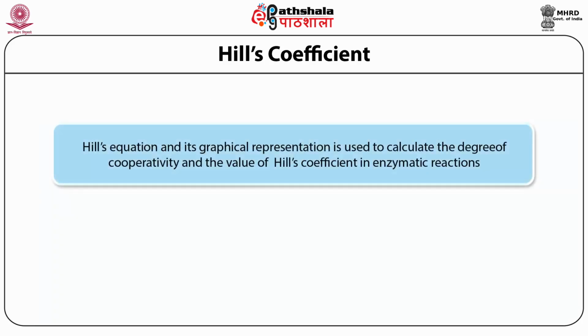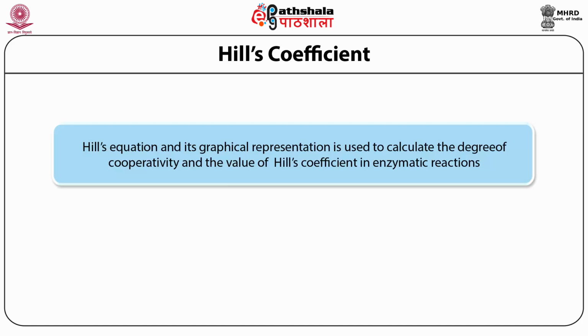So Hill's equation, as we discussed, is for cooperative enzymes, and its graphical representation is used to calculate the degree of cooperativity in allosteric enzymes and the value of Hill's coefficient in enzymatic reactions. So the Hill equation gives you an idea about the number of substrates binding to the allosteric enzyme, how many multiple active sites it may have, and what the cooperativity is, how the binding of one substrate facilitates the binding of other substrates.